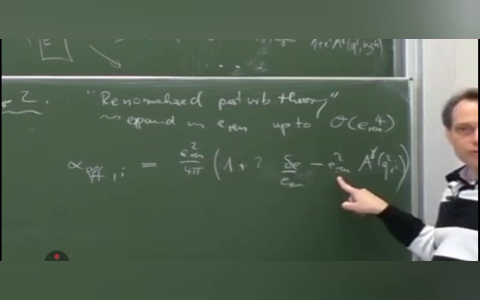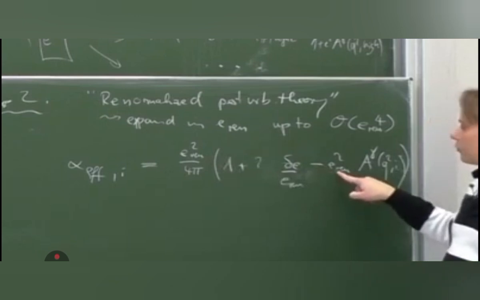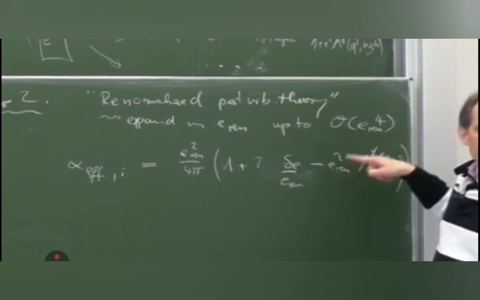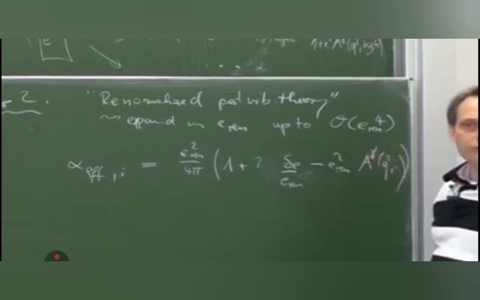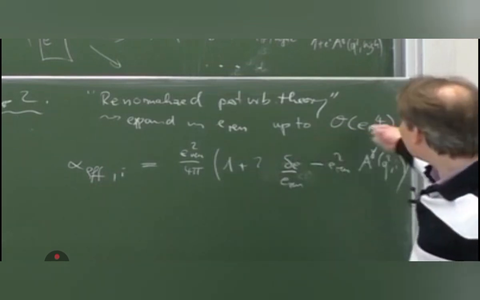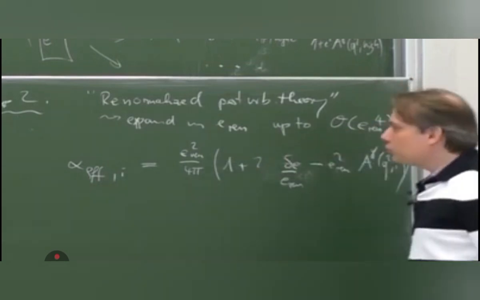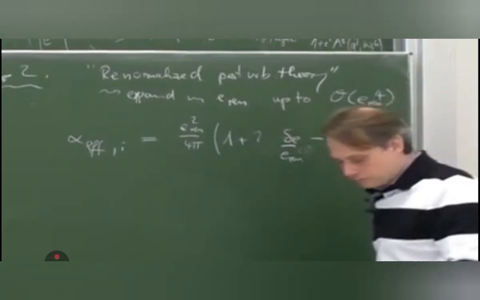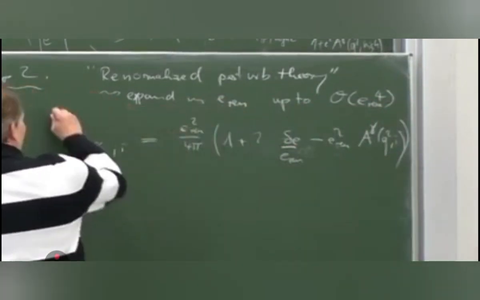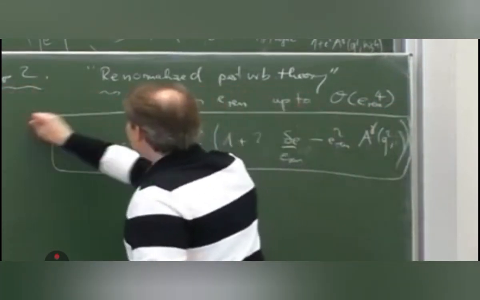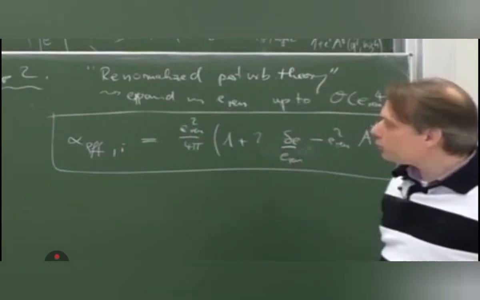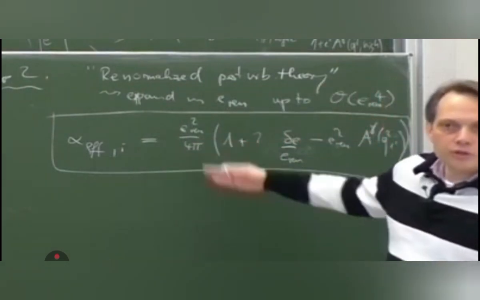And if I would plug in here also a delta E, then it would be of higher order than E to the 4th, and so it's negligible. So up to that order, this is exactly the full expression that we have. And in general, you would do that for all quantities that you are interested in, and so here we have done that already.